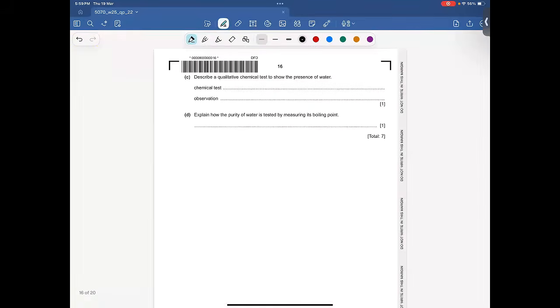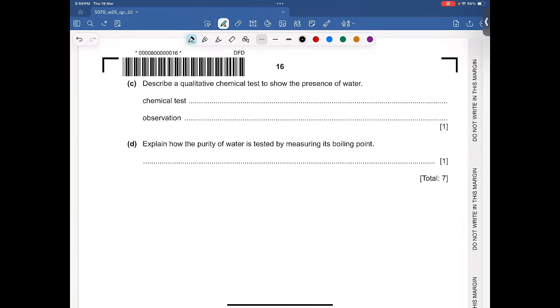All right. Next, describe a qualitative chemical test to show the presence of water. Well, you can use anhydrous cobalt-2-chloride or anhydrous copper-2-sulfate. So I'm going to go for anhydrous copper-2-sulfate. By the way, anhydrous copper-2-sulfate is a white solid. When it mixes with water, a blue solution is formed.